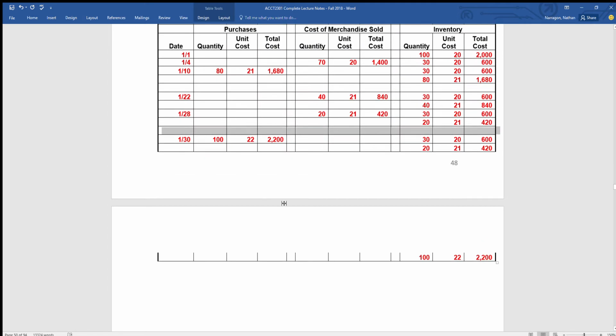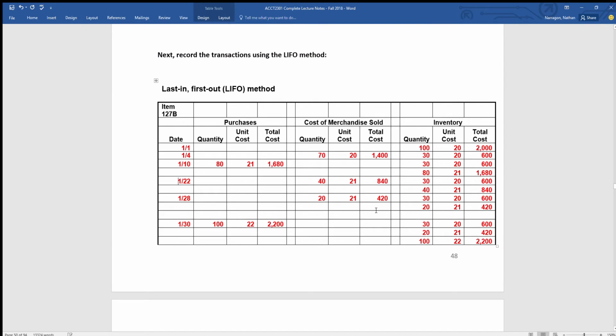With this, it kind of separated them into two pages, but with this one right here, notice this, I want to go ahead and delete this one so I can get it back up here. Okay, so notice that now we have three going on. One, we still have the 30 at 20, because we didn't really sell this one since we're on LIFO. We have the 20 at 21, and then we have the 100 at 22.